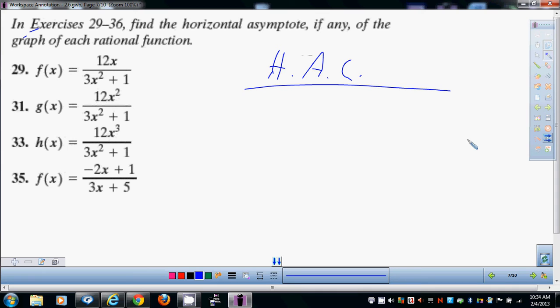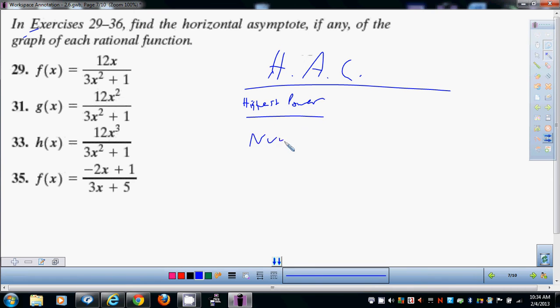The only 3 possibilities are that your highest power, which is kind of like the only column in this chart, we're looking for our highest power. The only 3 possibilities are that it's in the numerator, the denominator, or that it's in both.